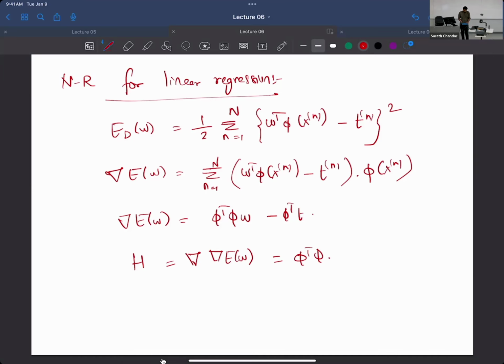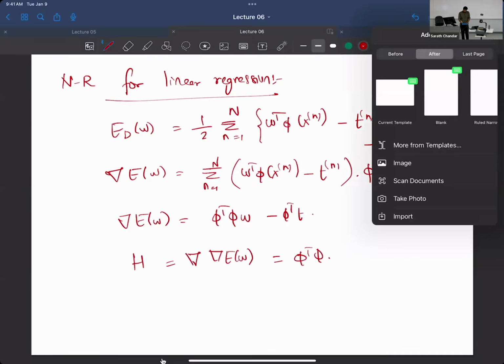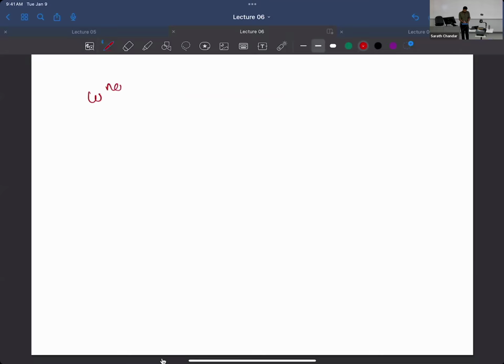Now if I write my Newton-Raphson update rule, it's going to be W new equals W old minus H inverse times the gradient.